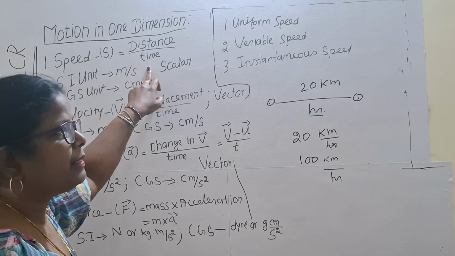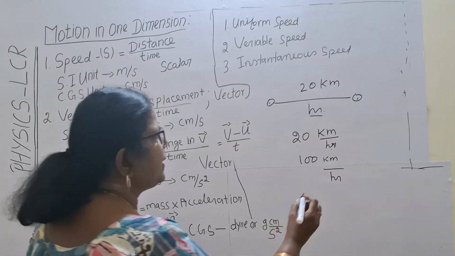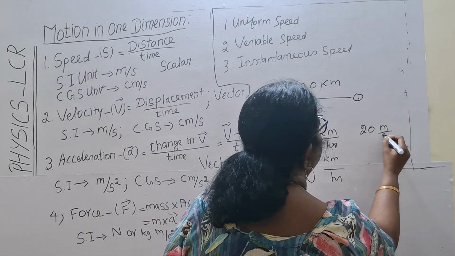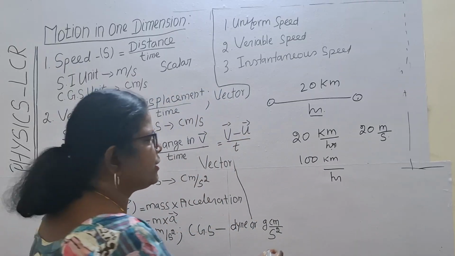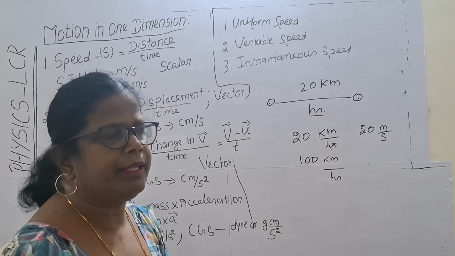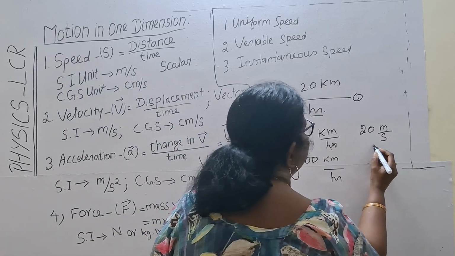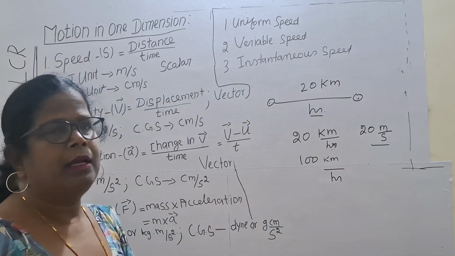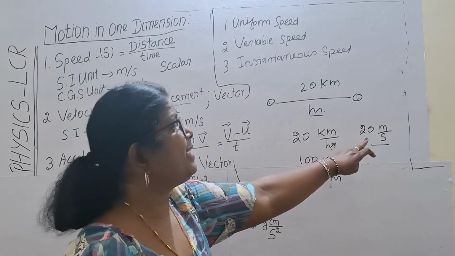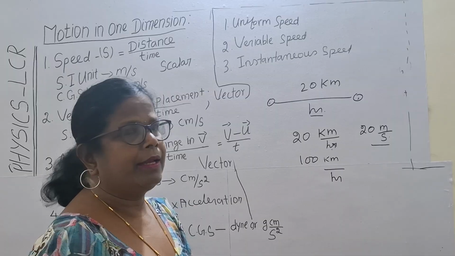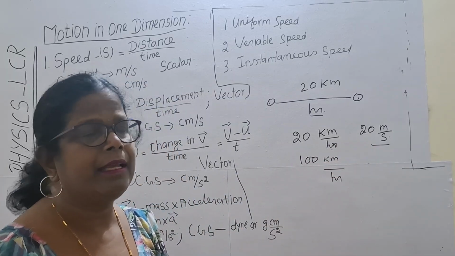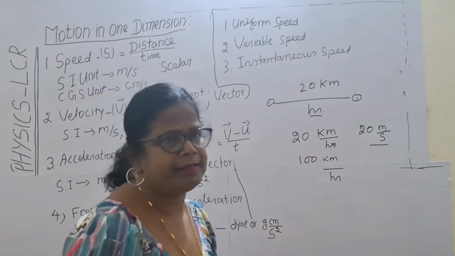Similarly, when an athlete is running in a straight line or circular path, what is the speed of that athlete? We say 20 meter per second. These are vehicle speeds, and for a person moving or running, we say 20 meter per second.